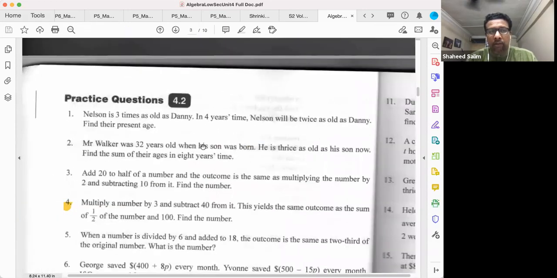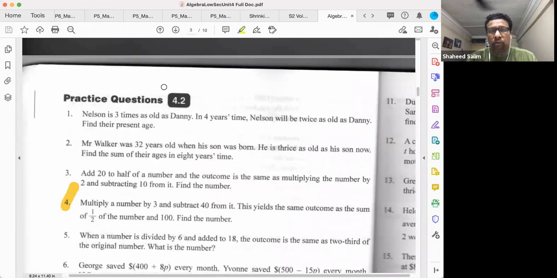Okay, can you try question number 2, please? You got to use X, and normally X is in the question. So my suggestion is let X be the younger person, the age now. Easy.